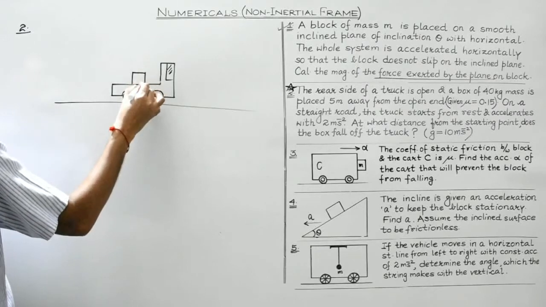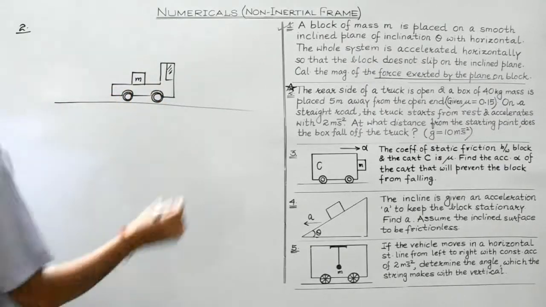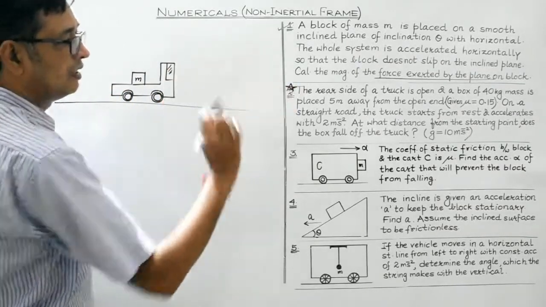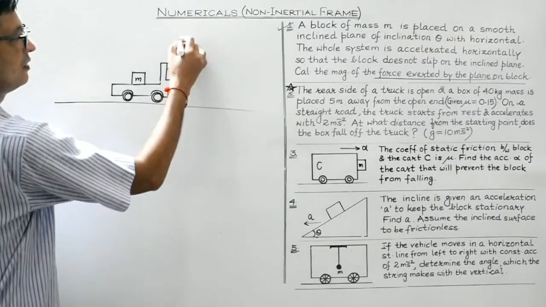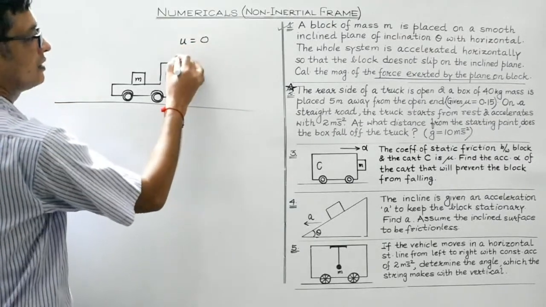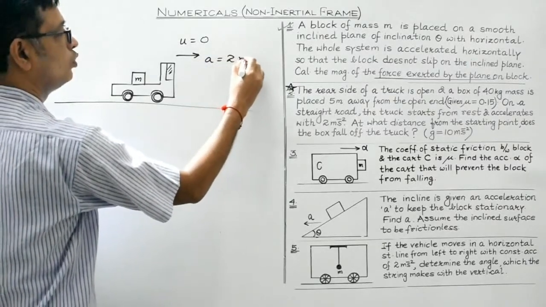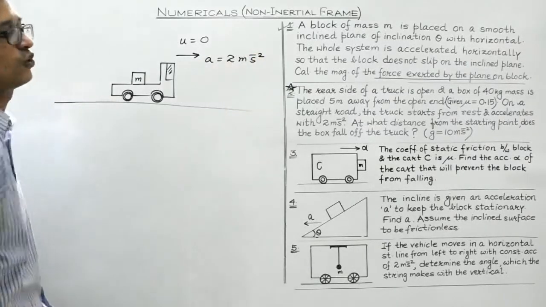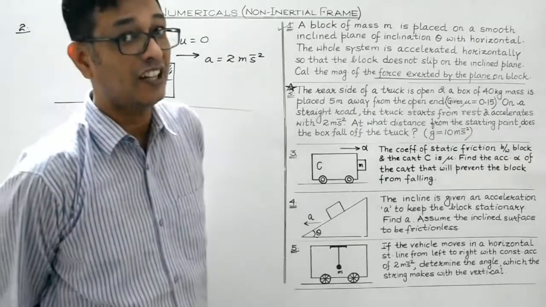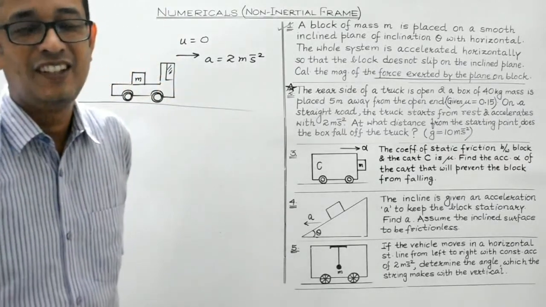Suppose its mass is small m, and the truck is initially at rest and it is accelerating with an acceleration of 2 meters per second square. Right? So the truck is accelerating.